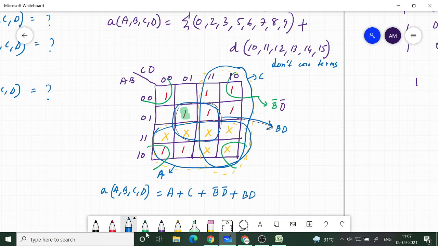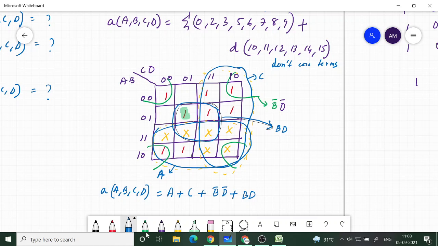That's it. Now all these terms are essential terms. They are essential prime implicants. Okay, why? Because there is no other way you can cover this one other than this BD. There is no other way you can make a group of 4. Of course you can make a group of 2, as you said, this way or this way, but whenever you consider a prime implicant, you have to make it part of the bigger group.